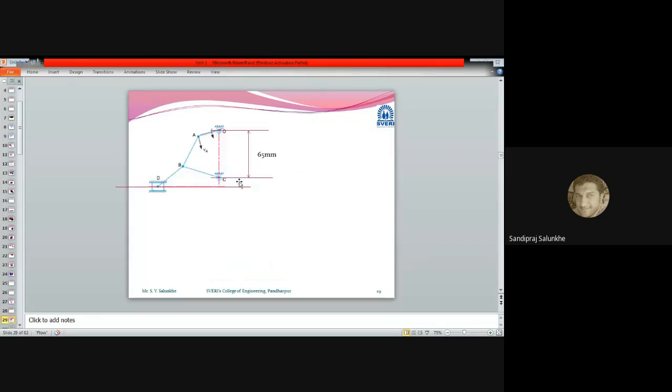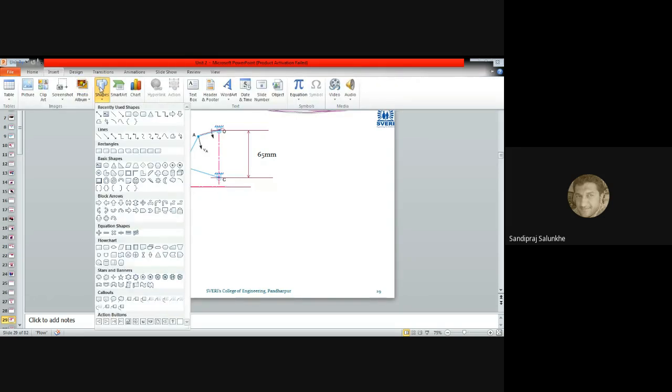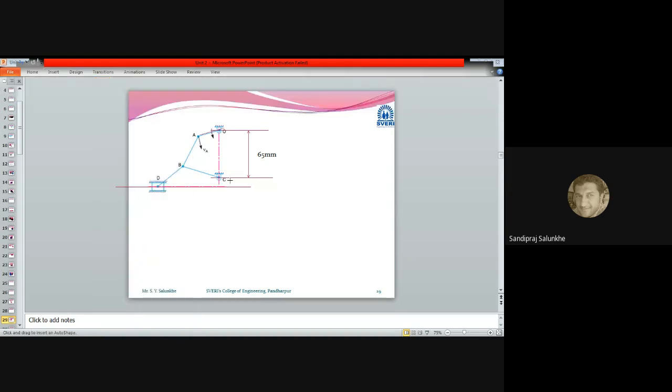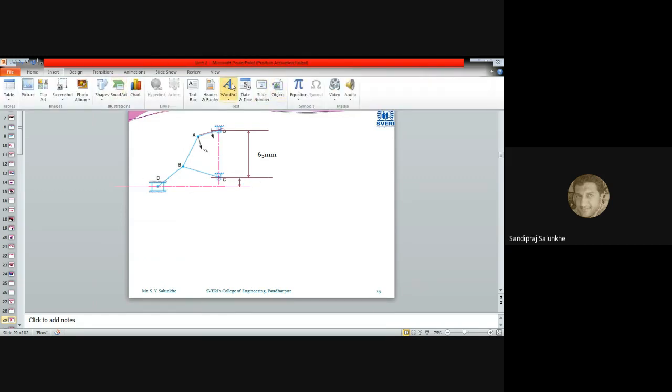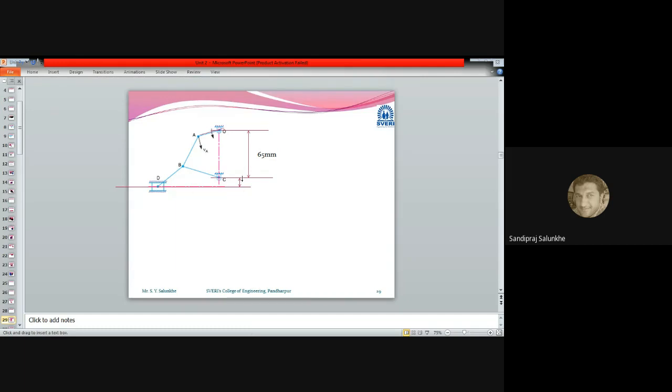That means between this point C and this path of travel, that is nothing but the line of reciprocation, the distance is 11 millimeter. You have to draw this line of reciprocation 11 millimeter from point C.